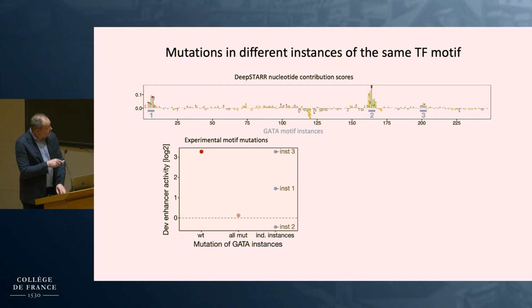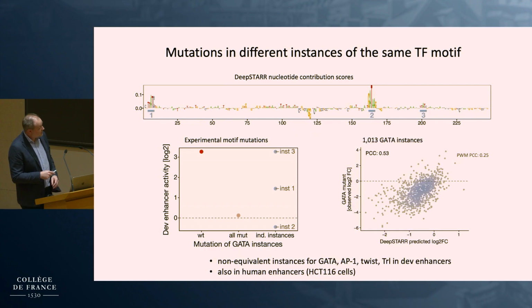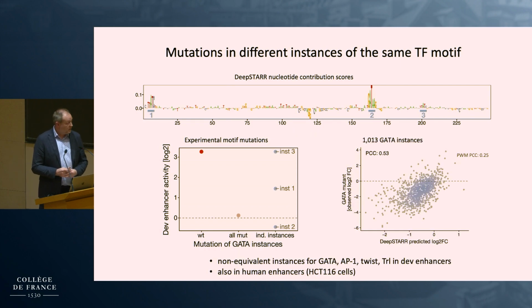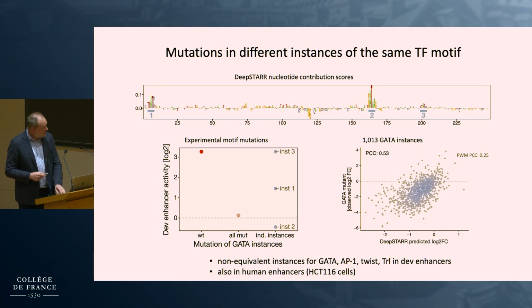And this was not only true for this one enhancer, but across about 1,000 GATA motif instances in several different enhancers, where the motif importance, as predicted by DeepSTARR, correlated very well with the experimentally measured motif importance according to motif mutagenesis.